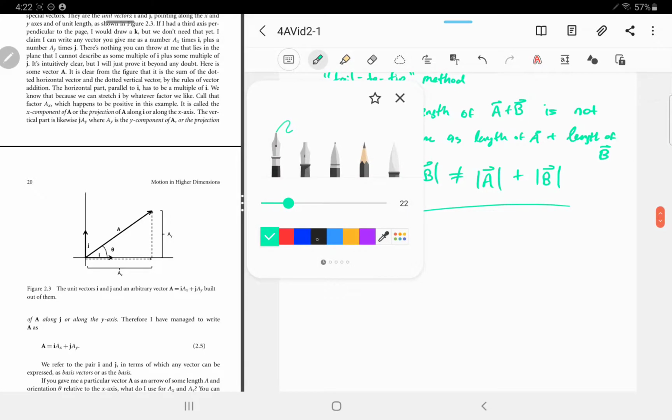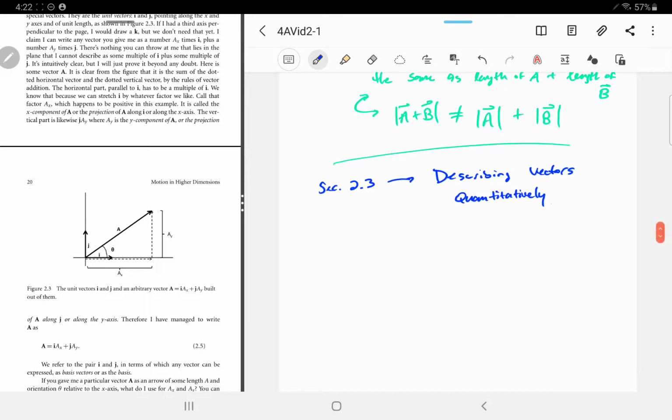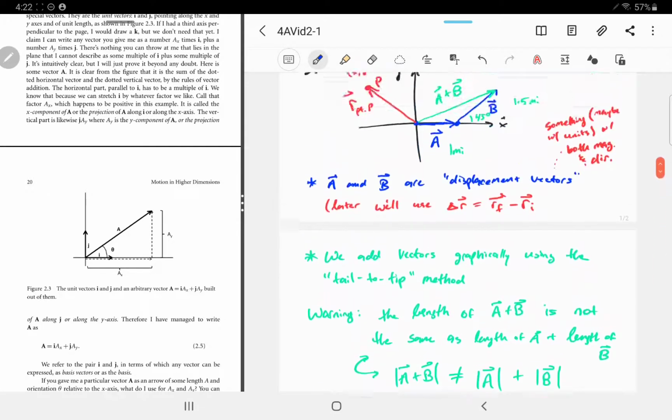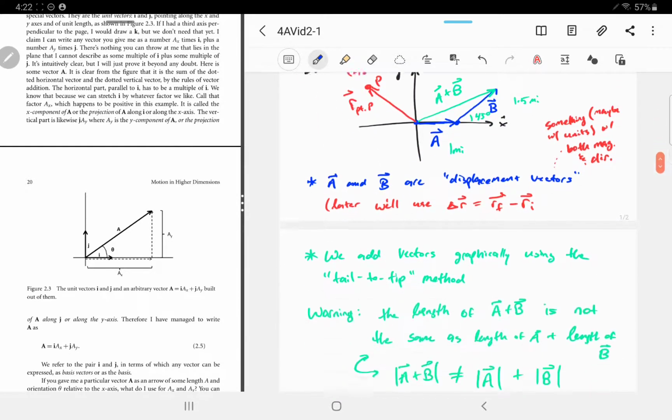Okay, so section 2.3 makes this a little bit more quantitative. Section 2.3 in Shankar is describing vectors quantitatively, and basis vectors will help us do that. I hat, and by the way, notice how I wrote down x hat right here.